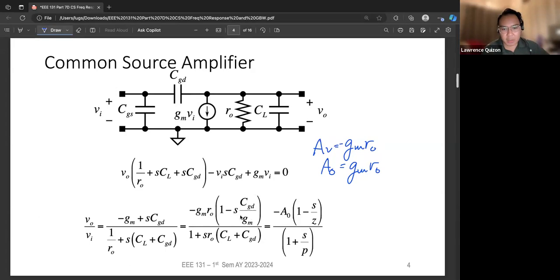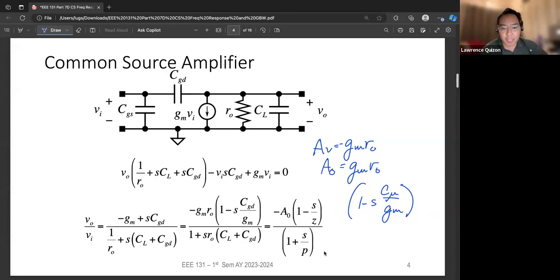So we also find 1 minus s times CGD over gm, which, if you remember, also appeared when we analyzed a Miller cap, right? So you can see now a Miller cap would always contribute a zero like this, right?